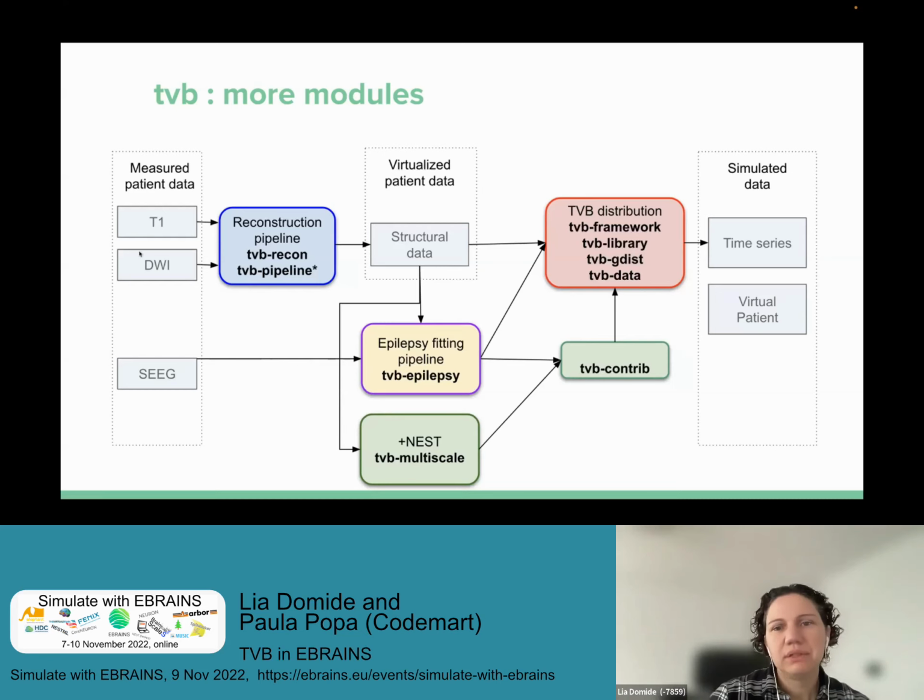In principle, this schema shows that the TVB world works between the measured patient data on the left, from T1 diffusion weighted images through a reconstruction pipeline, and computes some structural representation of a patient, in particular, and most importantly, a structural large-scale connectivity.